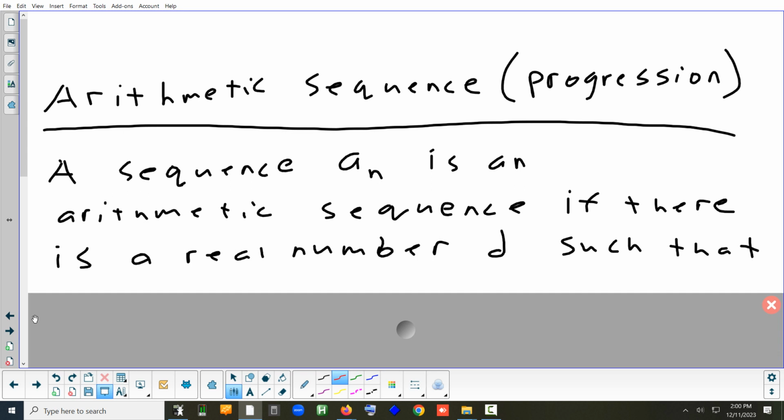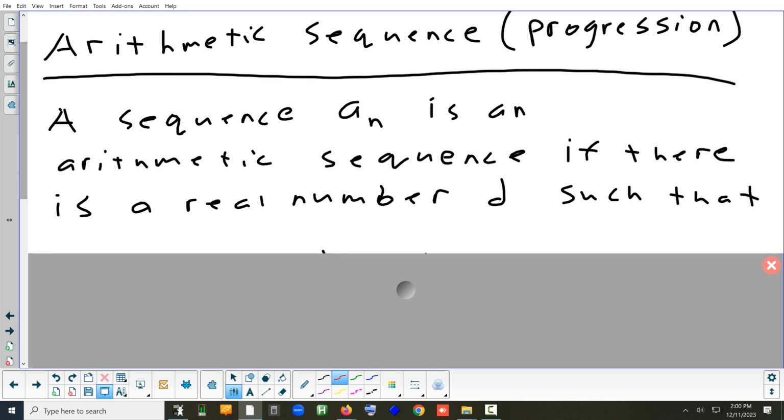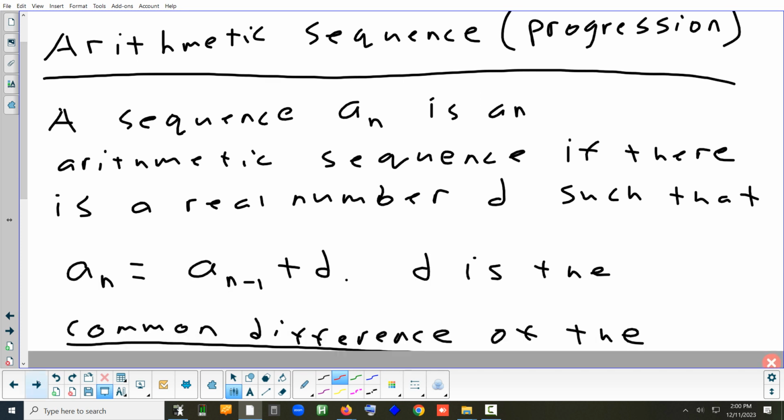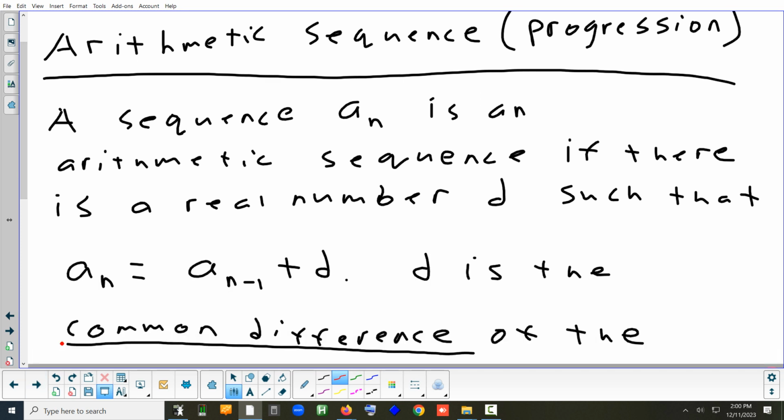And that thing that you get is called D. D stands for difference. So if you have an arithmetic sequence, D is what you call the common difference. It's the thing that you are adding each time to get from one term to the next.